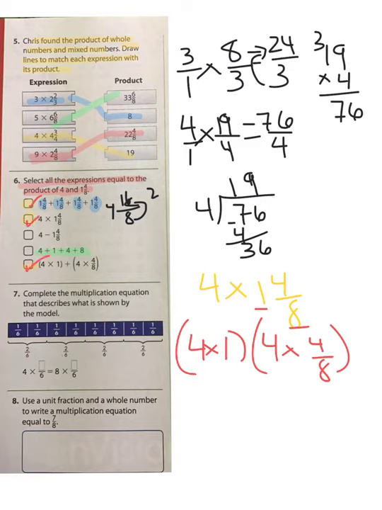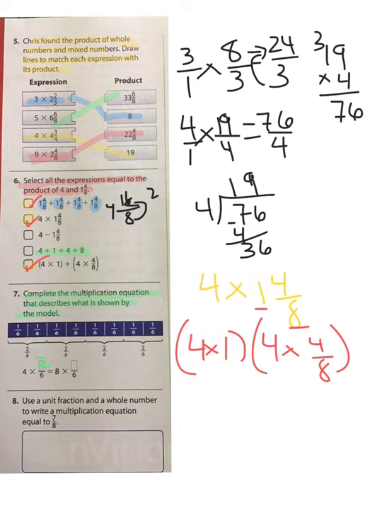All right, number 7. Complete the multiplication equation that describes what is shown by the model. Well, if I look at the model, I can see that we have 4 times 2/6 because there's 4 of them. And then I can also see that there are 8.